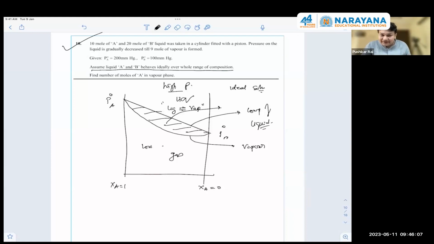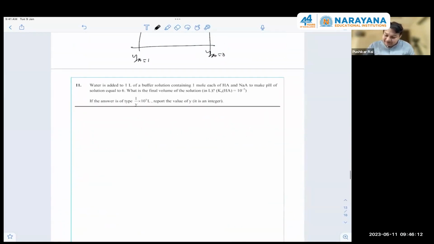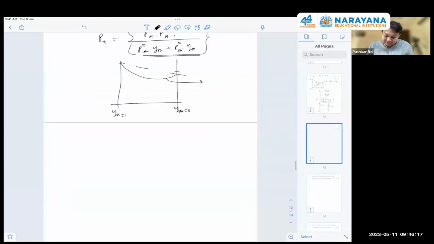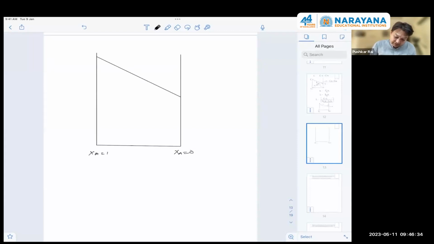There's no time of going through the theory. But if I ask you one thing, what is the significance of this line? If I just make a line here, XA equal to 1, XA equal to 0, P naught A, say 200, P naught B equal to say 100.